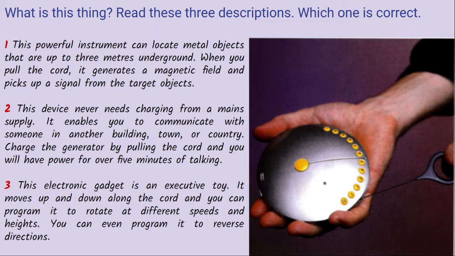So description number 2 actually matches the picture. Before us we have a telephone which does not require an electric mains supply charger, and can provide you with the ability to phone someone for up to 5 minutes.